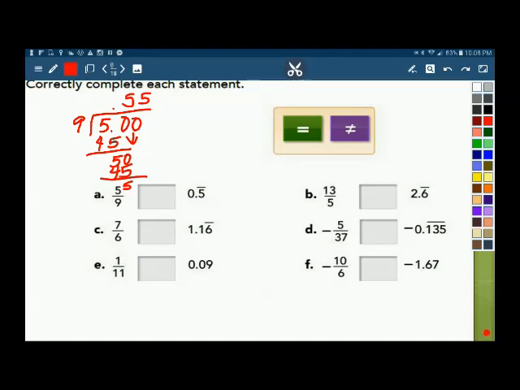So this is indicating to me that this is 0.5 with the 5s repeating. So I can say that 5/9 is the same as 0.5 repeating. So since the 5s repeat, I can say that these two numbers are equal.